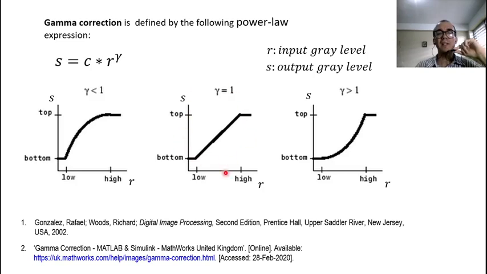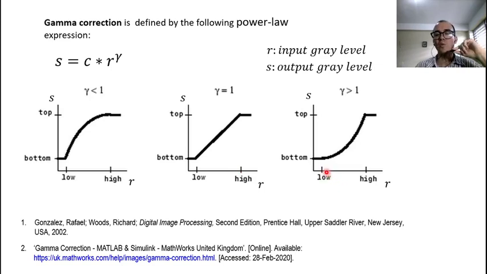The second case is when gamma is equal to 1. We don't have to do anything, because the input is equal to the output, so nothing happens. In the final case, when gamma is greater than 1, it generates the opposite effect from the first case.